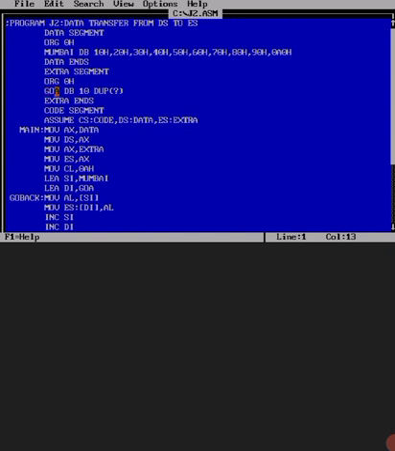So Goa DB 10 DUP question mark, which means I am reserving 10 locations for the transferred data, with question marks because we have to transfer it.